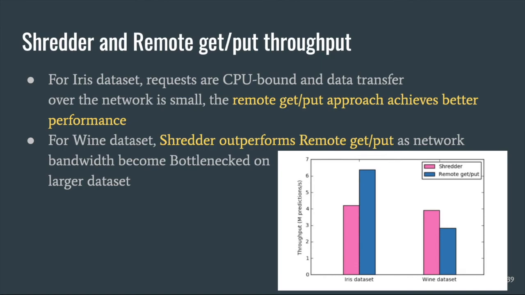However, for the Y dataset, Shredder outperforms remote get put as the network bandwidth becomes bottlenecked on the larger dataset.